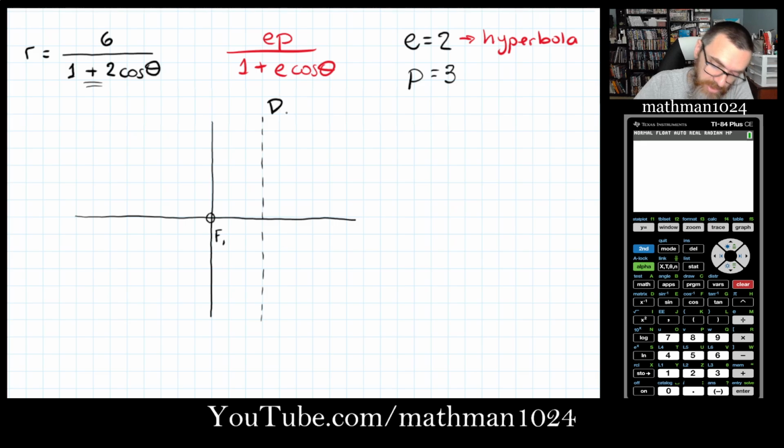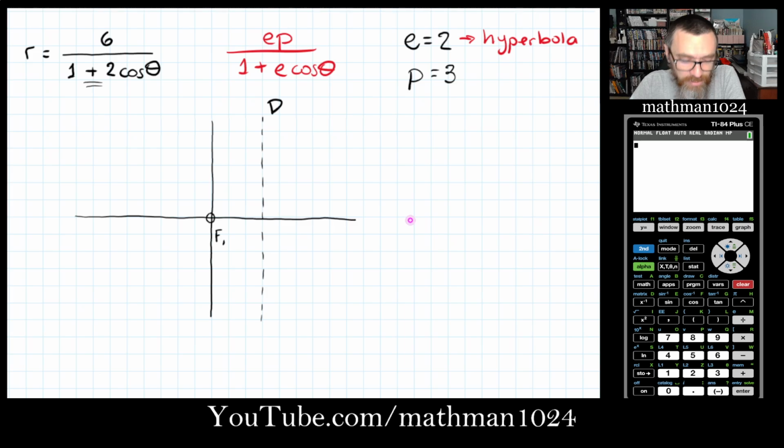So this is my D. Now, I need to get some key values here. So we talked about how the directrix is going to be perpendicular to your transverse axis. So it means my transverse axis, the one that goes through my center and goes through my 2 foci, will be what is for us here the x-axis. So it's going to be that guy right there.